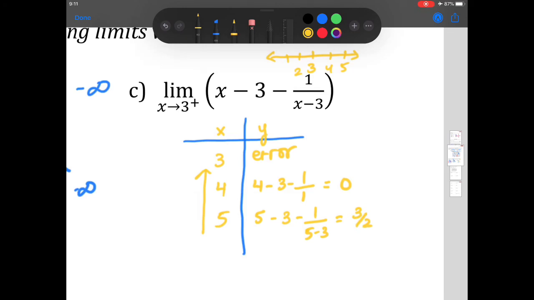Now again, the same idea. Check out your limits. You are approaching 3. What's happening to your y values? Are they increasing or decreasing? This is 3/2, which is 1.50, so they're decreasing. You can even write that, whatever makes you understand this. So this would be -infinity.